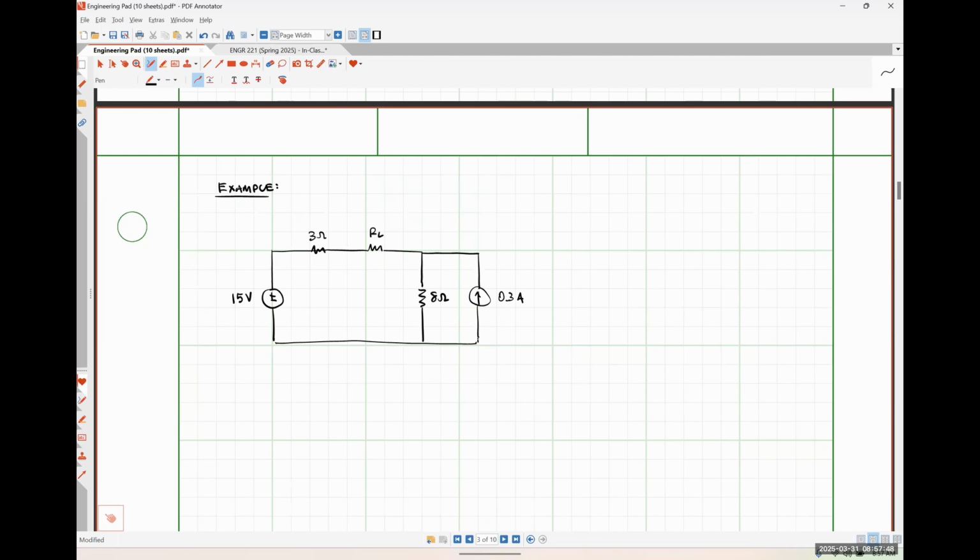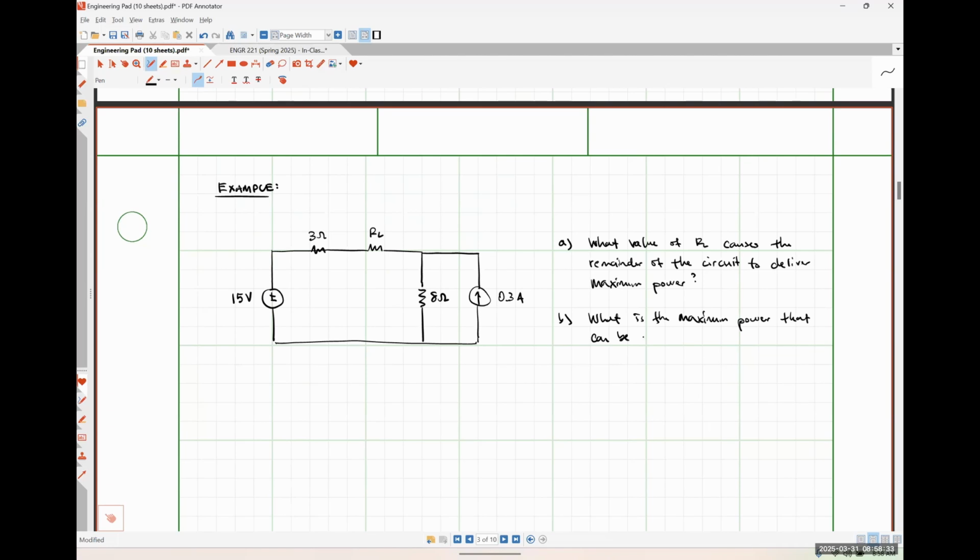So this is the circuit that we're given, and I want to know, A, what value of RL causes the remainder of the circuit to deliver maximum power, and B, what is the maximum power that can be delivered.